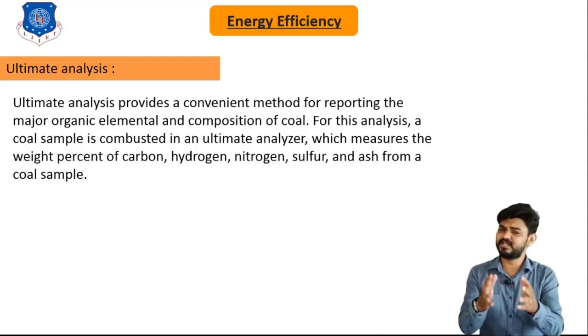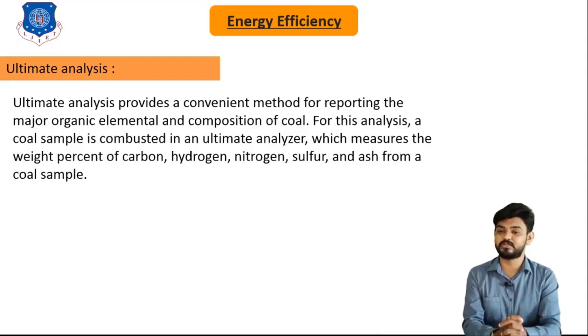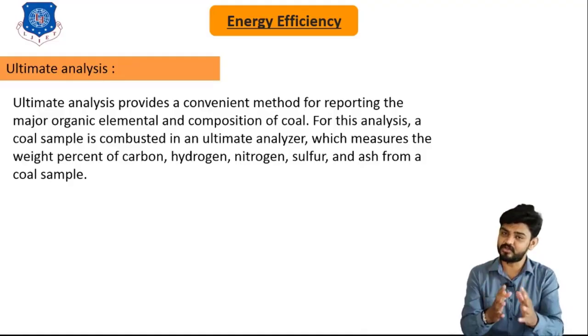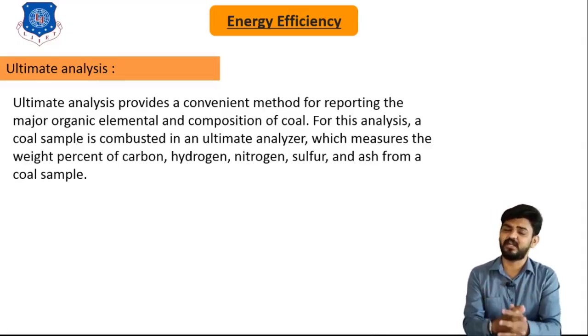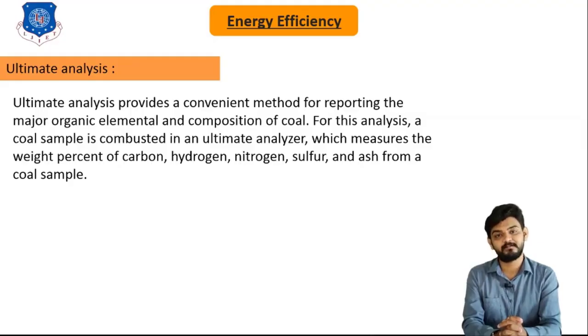This determination includes the percentage of total carbon, total hydrogen, total nitrogen, and total sulfur. This ultimate analysis also determines the ash content of a particular coal sample.